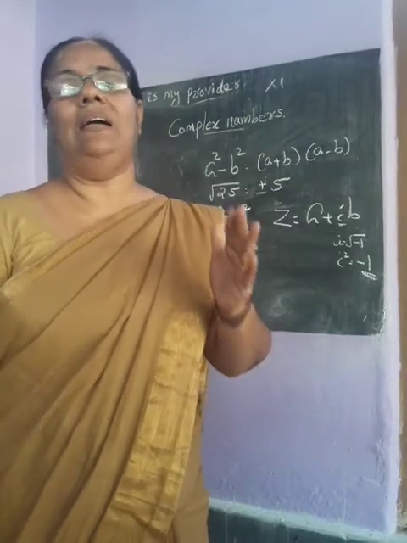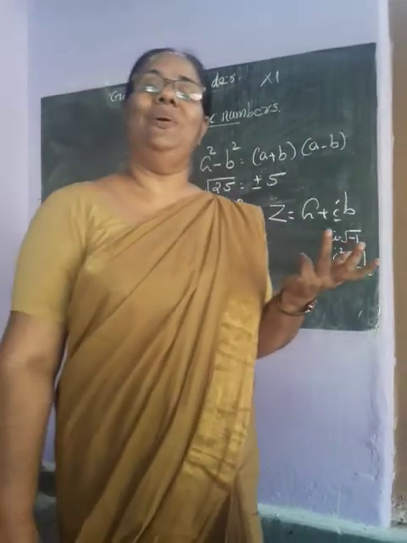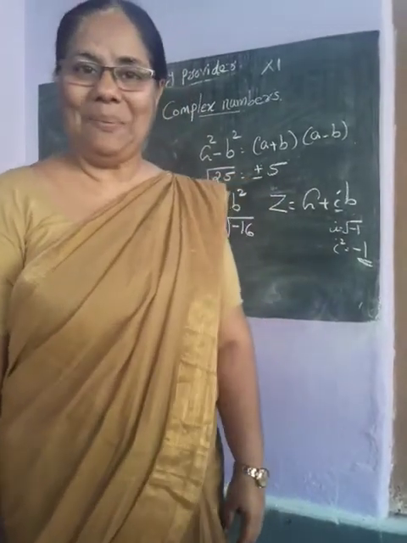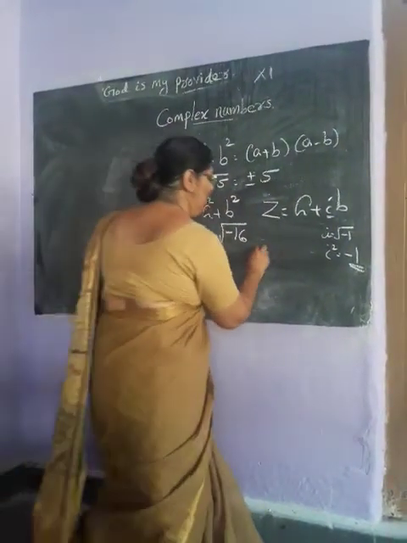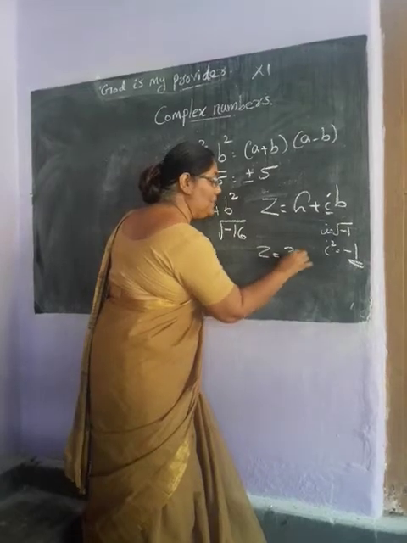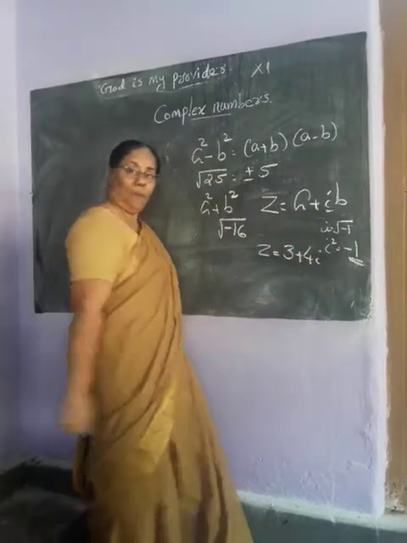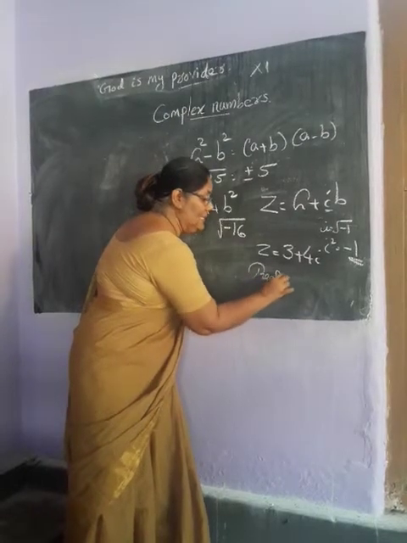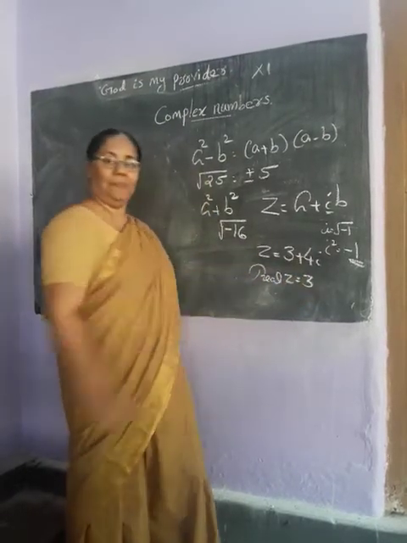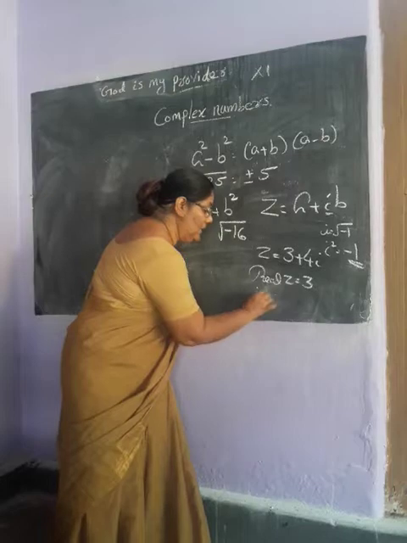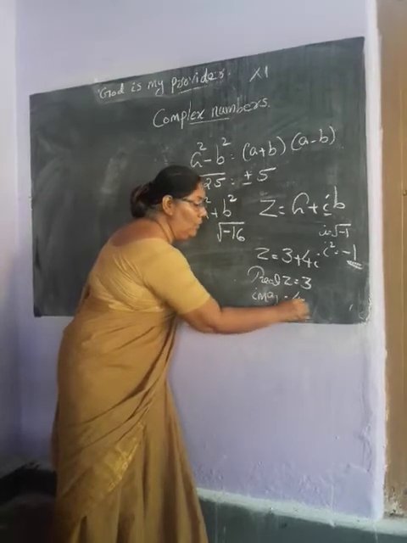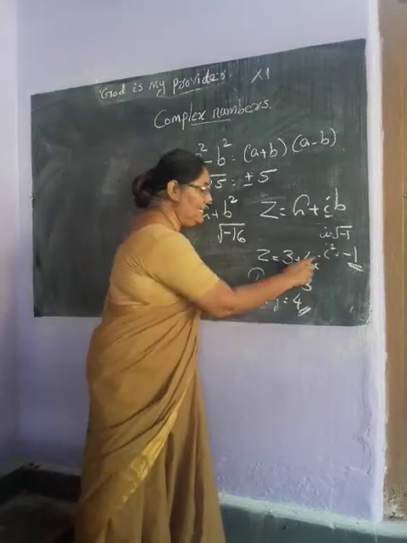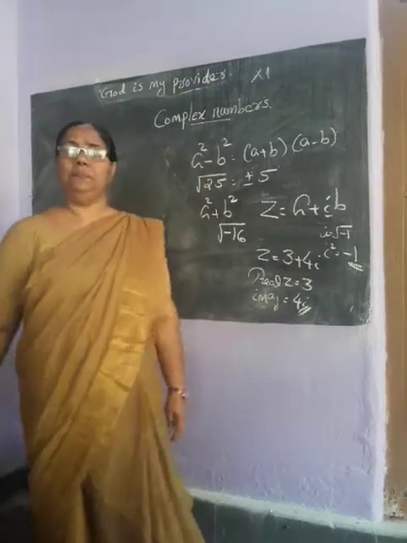A is called the real part and B is called the imaginary part. Can you say one example? Z is equal to 3 plus 4i is a complex number where real part of Z is equal to 3 and imaginary part of Z is 4i.